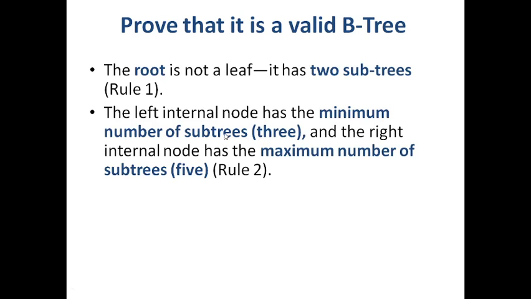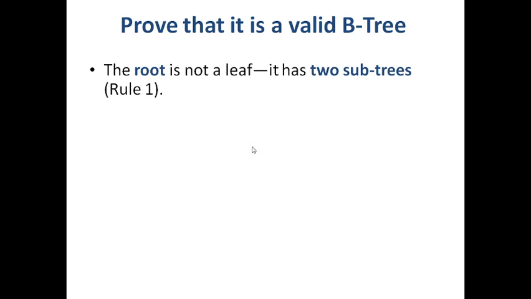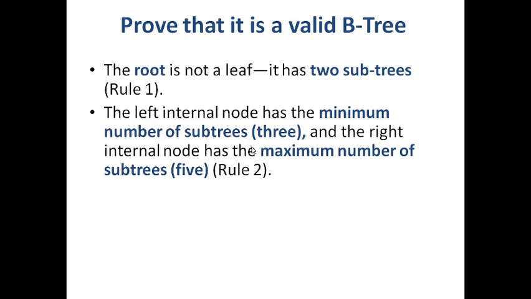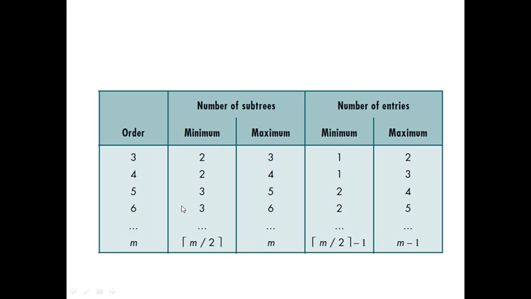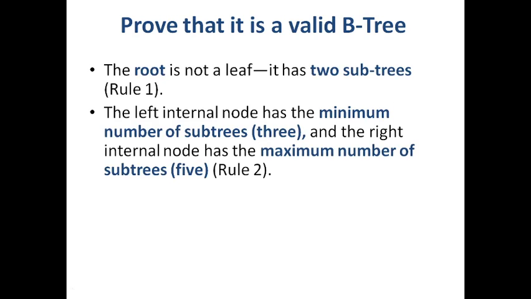Secondly, the left internal node has the minimum number of subtrees, which is 3, and the right internal node has the maximum number of subtrees. Because the condition is m by 2 minus 1, and that has been maintained by the nodes. Rule 2 is also verified.